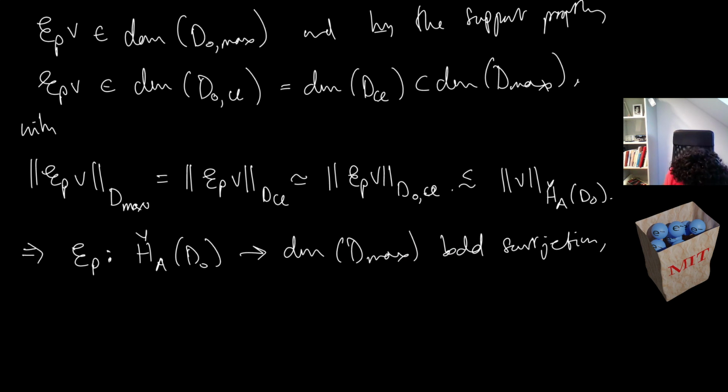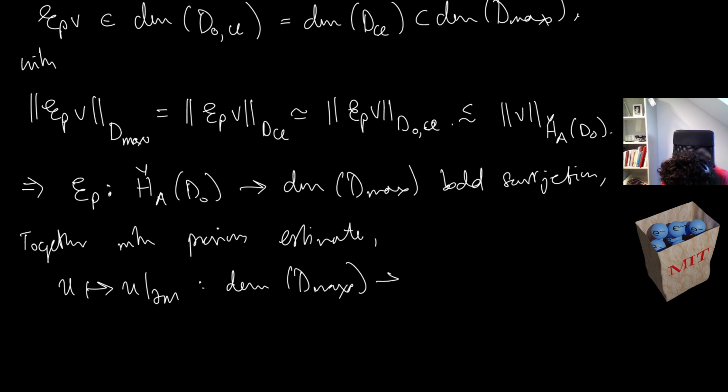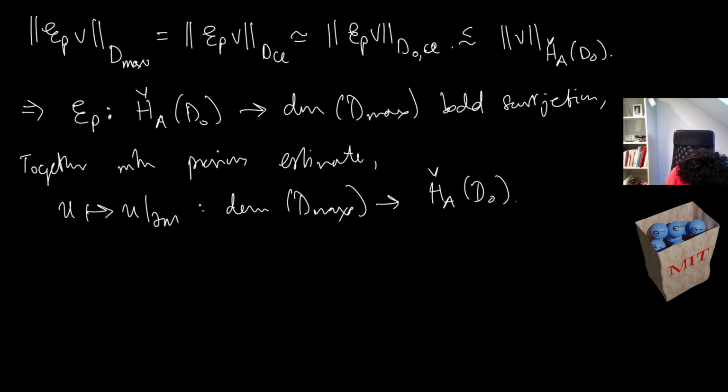So what does that imply? So together with the previous estimate, we have that U maps to U restricted to partial M takes us from DOM D max to H check A of D naught, bounded surjection.